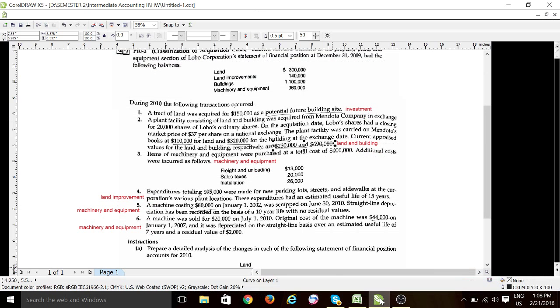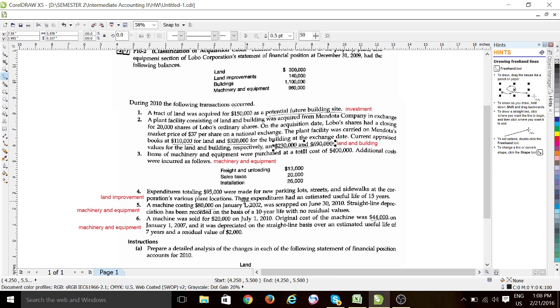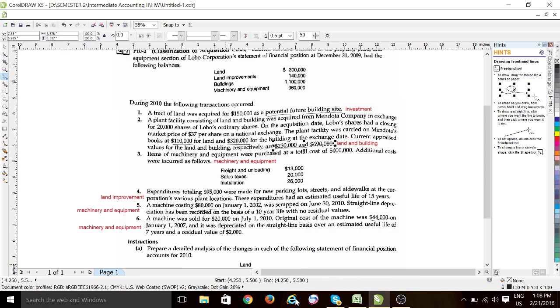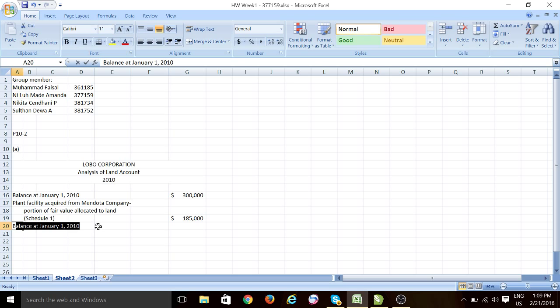Because there are no other transactions that affect the land, we can just calculate the ending balance.